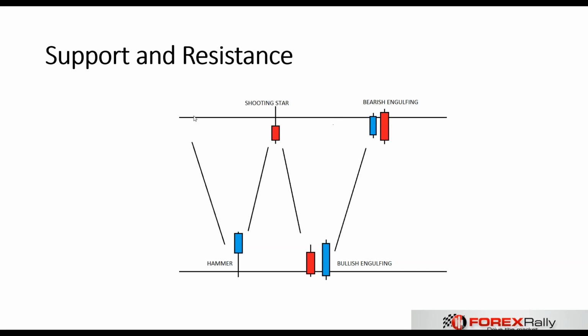So this is actually a resistance, a ceiling, while a support is a floor. Nothing can go past the floor, only if you are very, very heavy and you will manage to break that support, break that floor, break that ceiling. So this is the actual idea behind support and resistance.